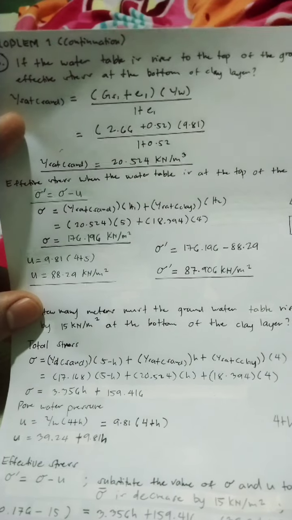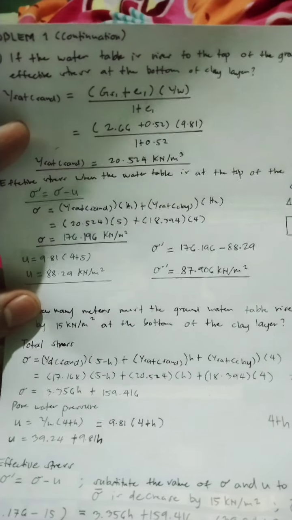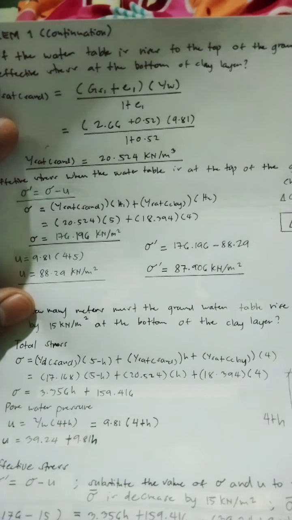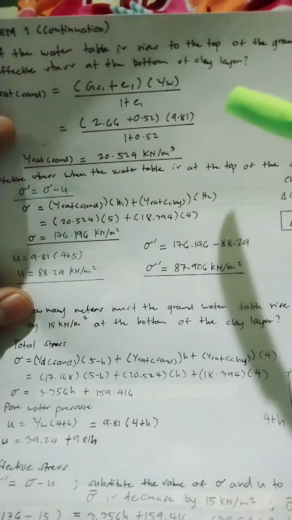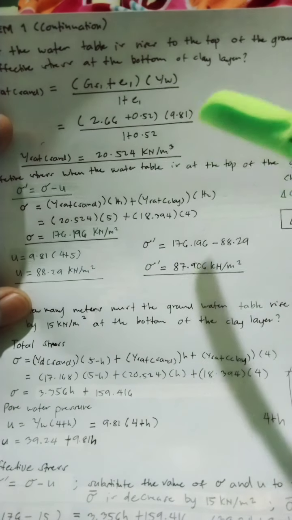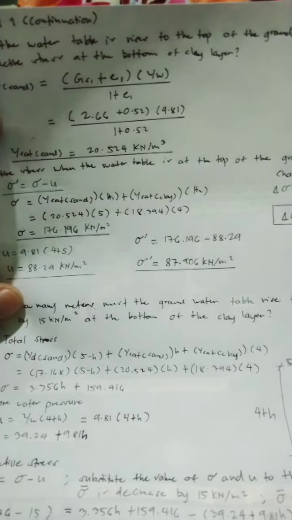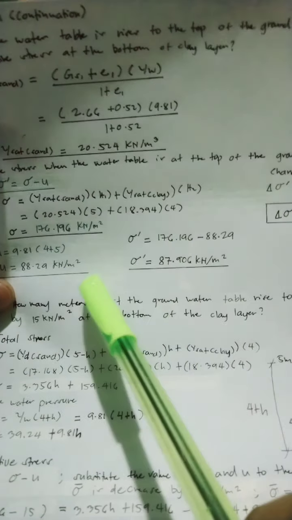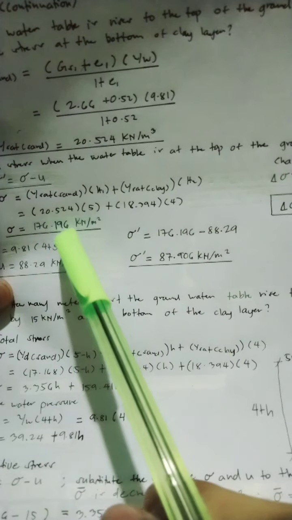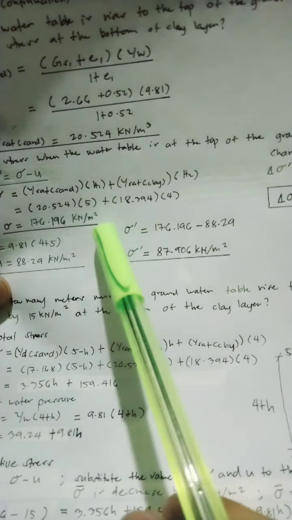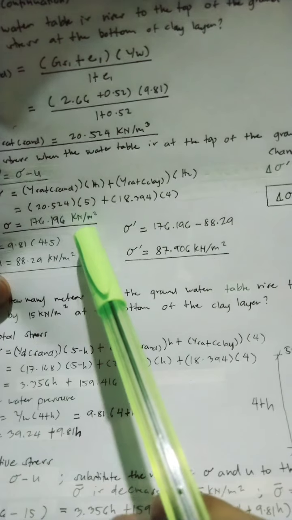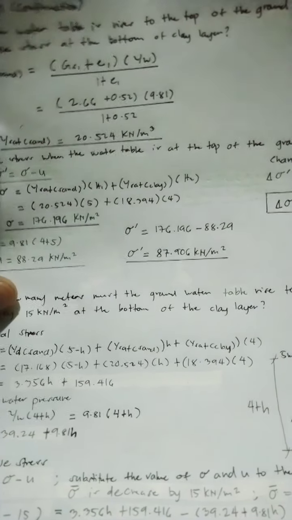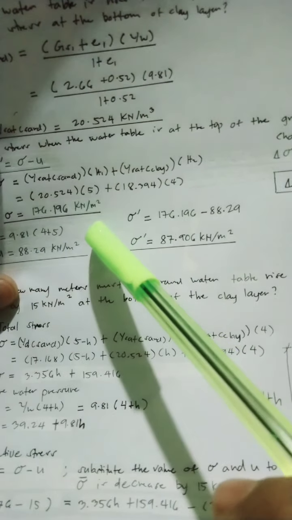The total stress is simply the saturated unit weight of the sand times its depth, plus the saturated unit weight of the clay times its depth. Substituting these given values, we have come up with a total stress of 176.196 kilonewton per meter squared.